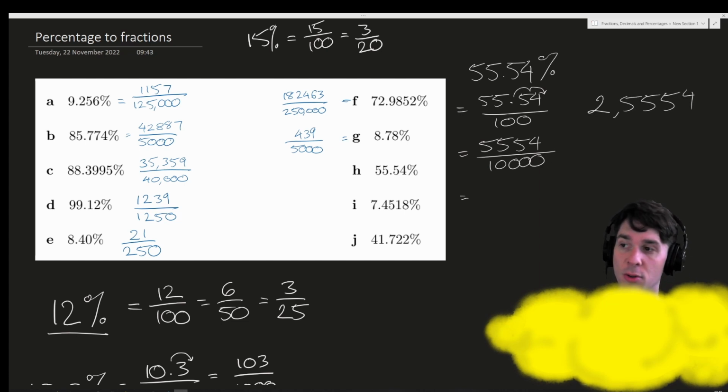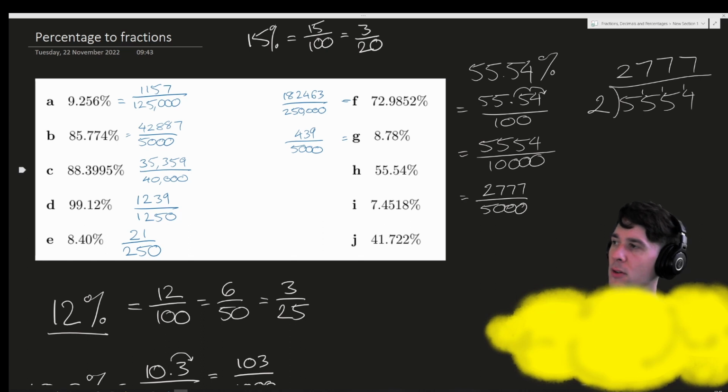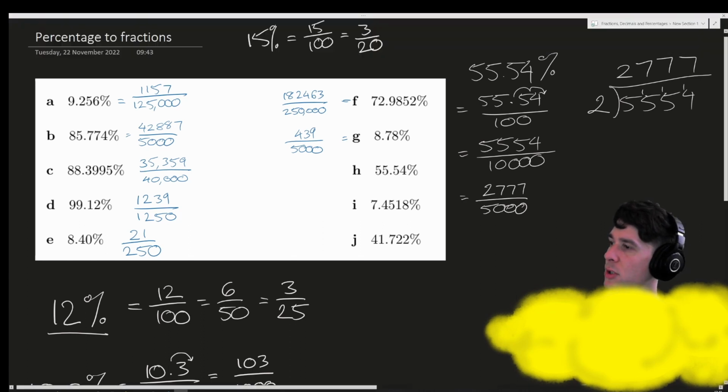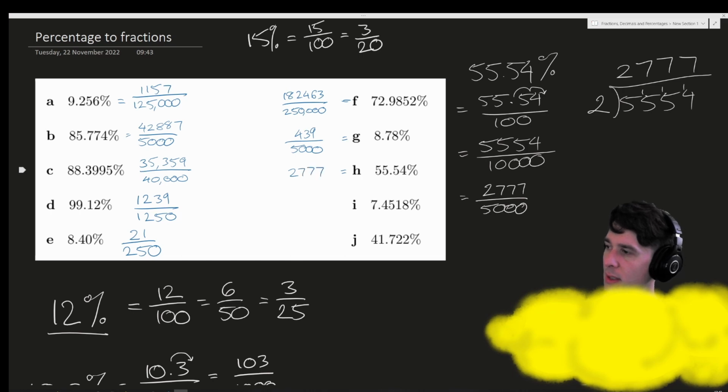Maybe you can try and do it in your head and see if you can get the same answer. So we get 2,777 over, and then half of 10,000 is 5,000. And that's as far as we can go in this question. So we have our final answer of 2,777 over 5,000.